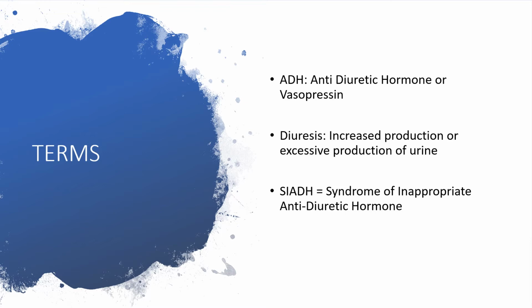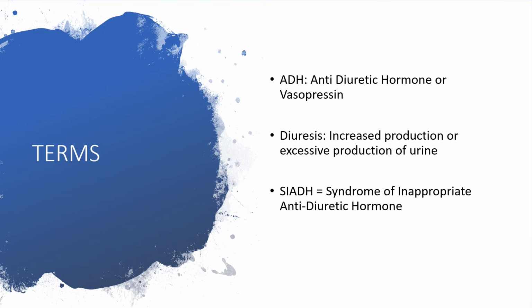In other words, ADH is holding water into the plasma. It's keeping water inside the plasma, so not letting the kidney send out lots of it. So that is what ADH is all about, anti-diuretic hormone or vasopressin. That's exactly what it's doing.